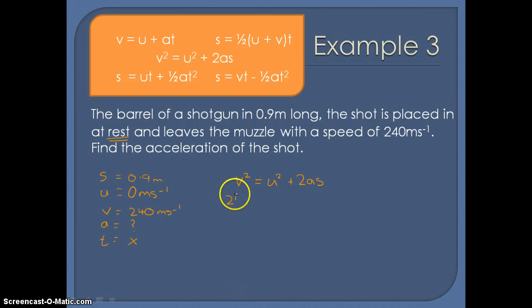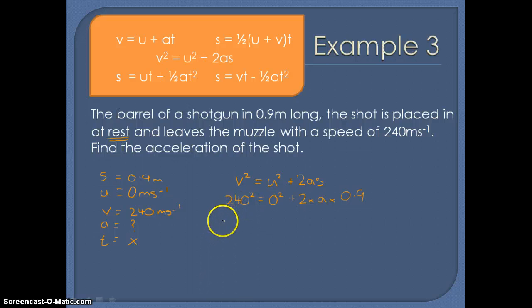So v squared equals 240 squared. u squared is going to be 0 squared. 2as, so it's going to be 2 multiplied by a that we're trying to find, multiplied by the s, which was 0.9. Again, I would always aim to simplify the equation before you carry it any further.